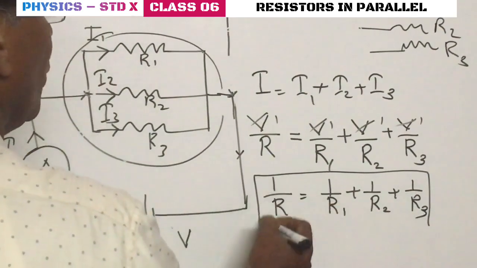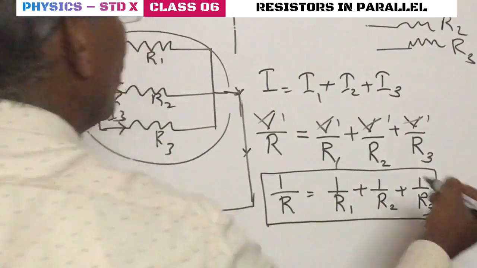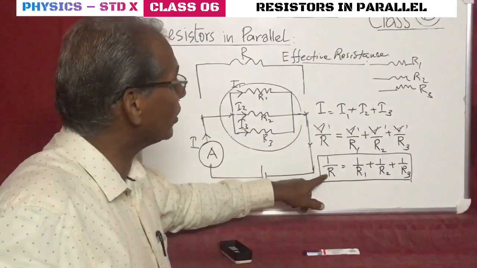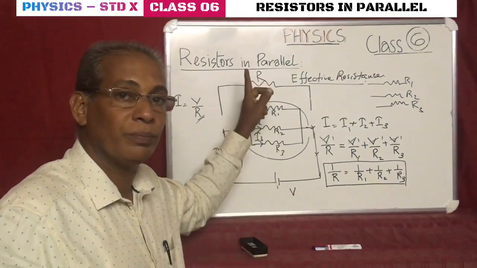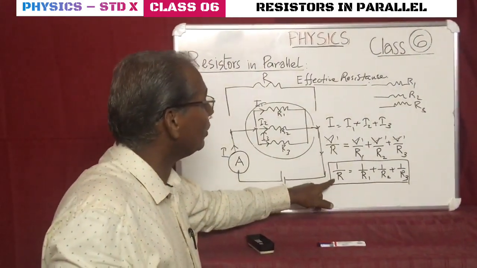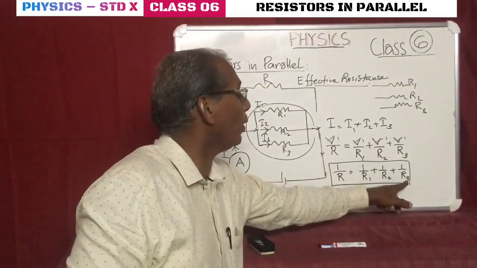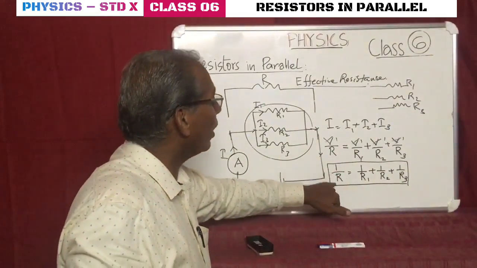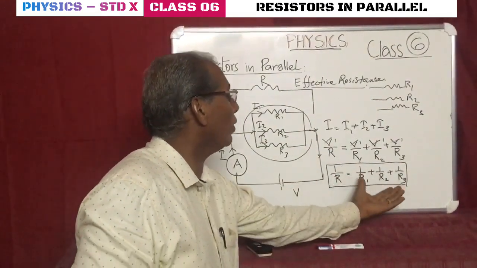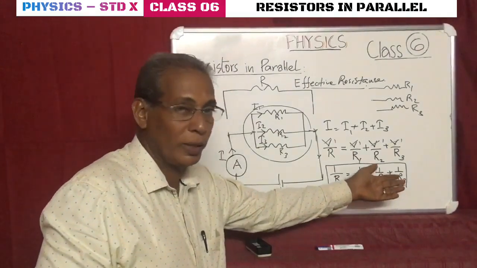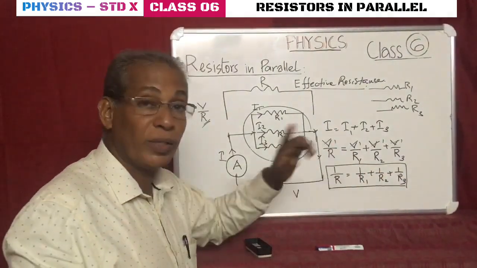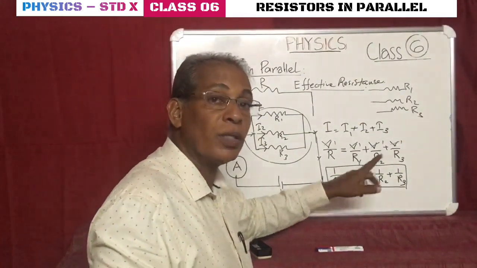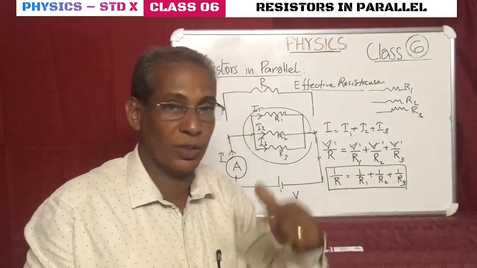And this expression is used to calculate the effective resistance of the circuit. From this expression, by simplifying this part, we take the reciprocal. So 1 by R will be 1 by R1 plus 1 by R2 plus 1 by R3. That is, reciprocal of the effective resistance will be sum of reciprocals of the individual resistances.